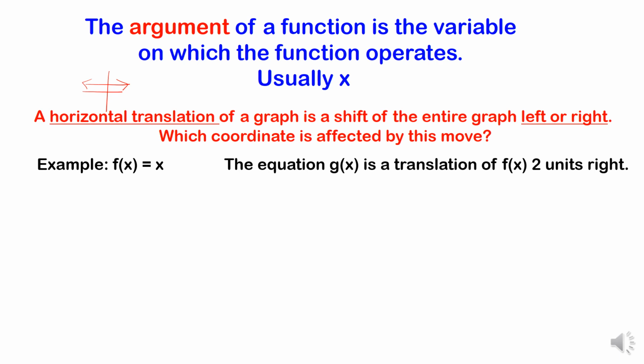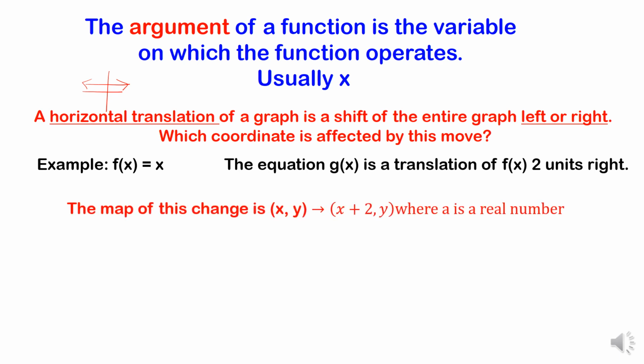So the equation g of x is a translation of f of x 2 units right. I would write that like this: g of x equals f of x, right would be minus 2, like that.